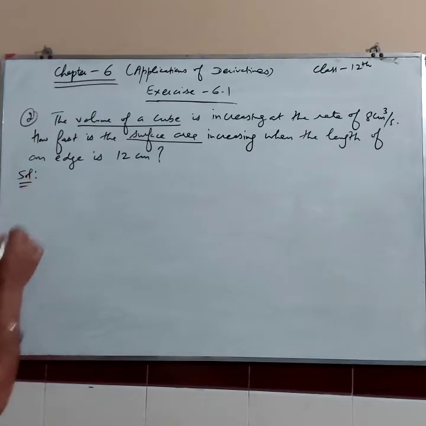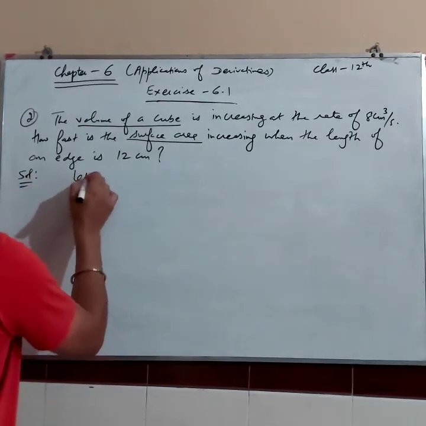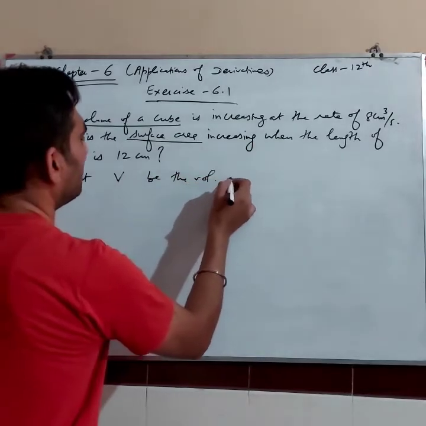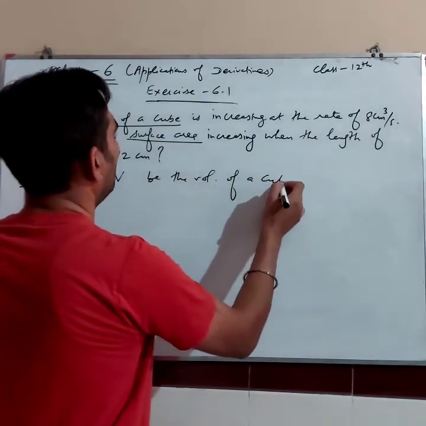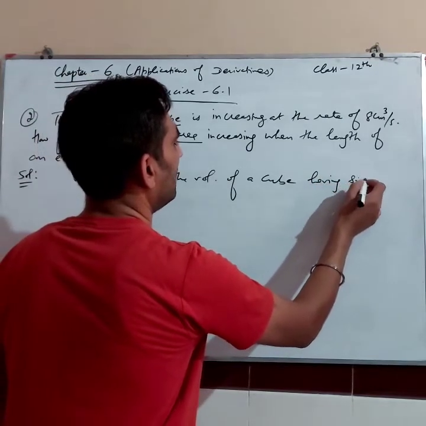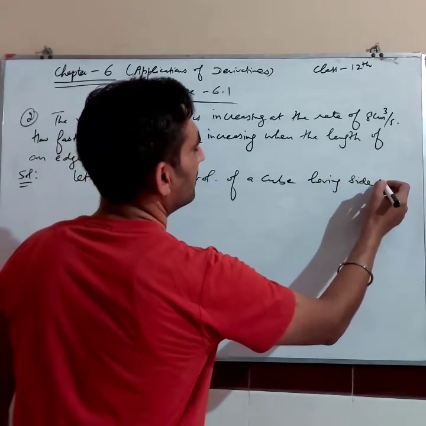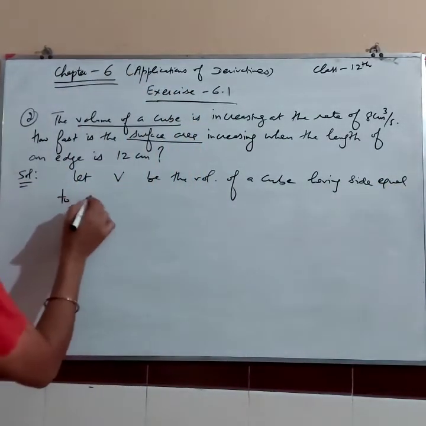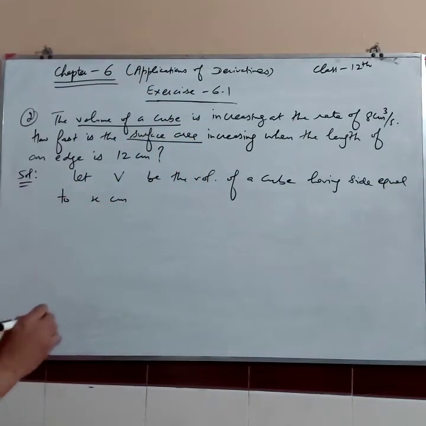So let's start its calculation. So I'm writing its answer now. Let V be the volume of a cube having side equal to x centimeter. Suppose its side is x centimeter.